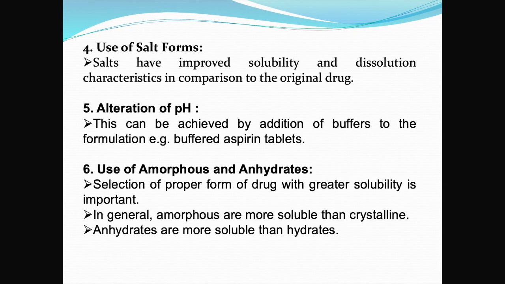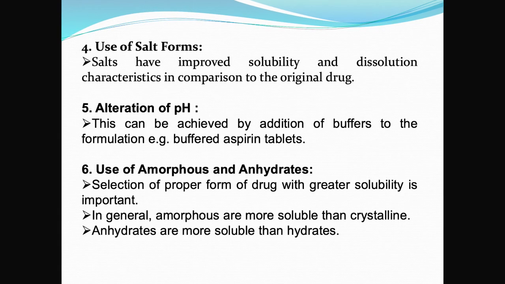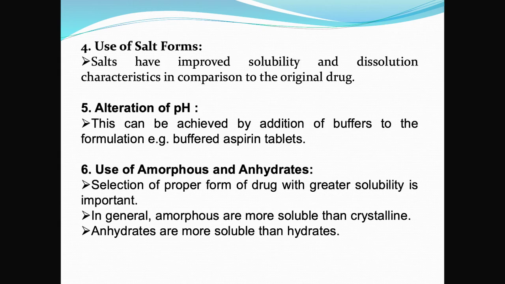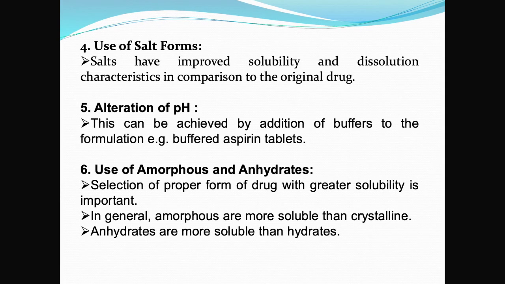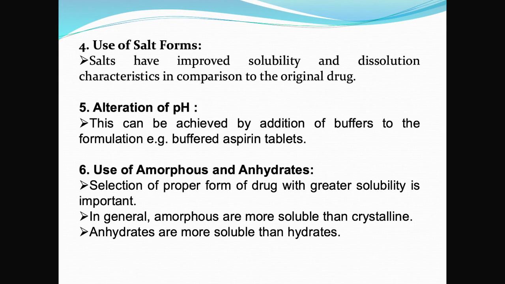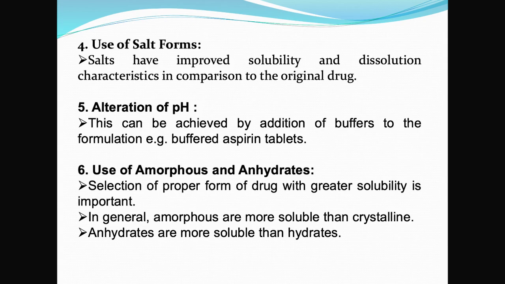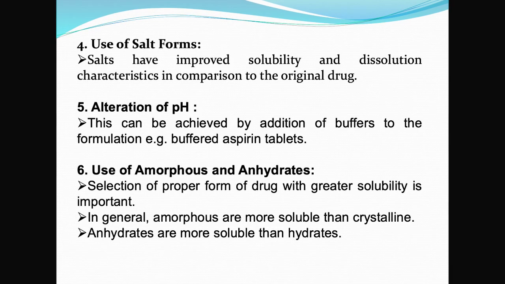Beyond chemical identity, we must prioritize amorphous and anhydrous fates because their higher free energy and lack of internal water molecules result in a much faster transition into the dissolved state. Based on these three principles, which molecular modification would you prioritize to force a poorly soluble drug into the bloodstream at maximum velocity?